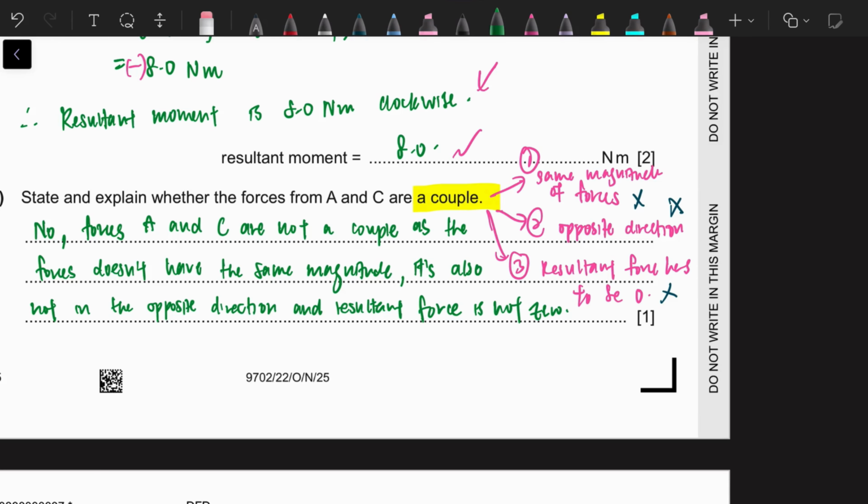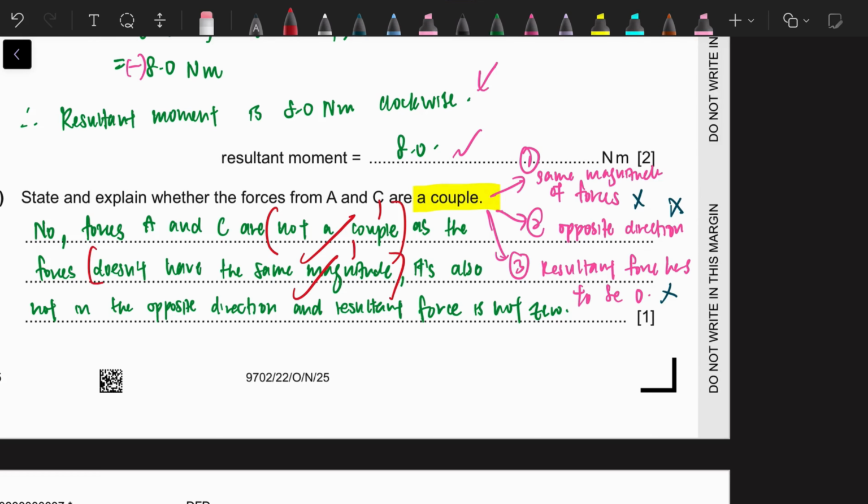So they say state and explain whether the forces from A and C are a couple. You state it's not a couple and you explain. Just saying it's not a couple gets you 1 mark, and you explain why, one explanation, you get another mark.